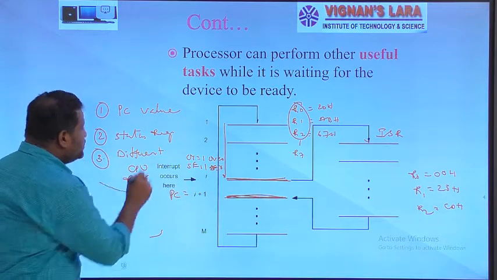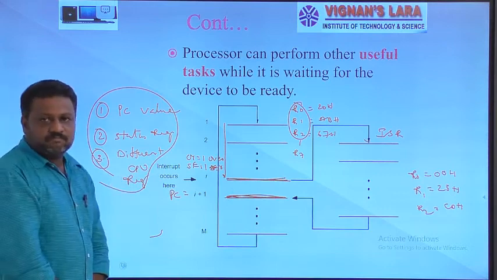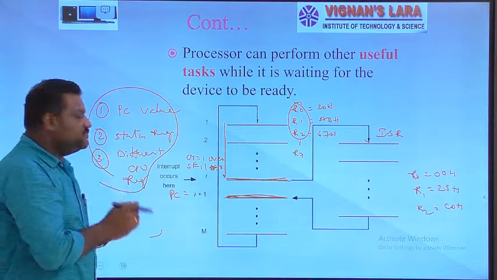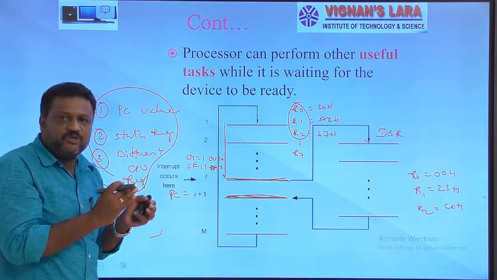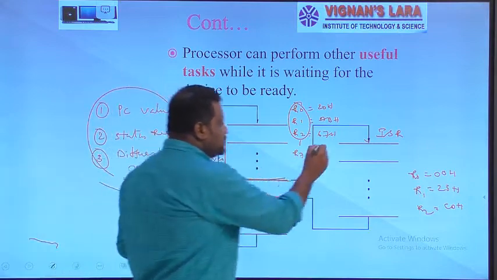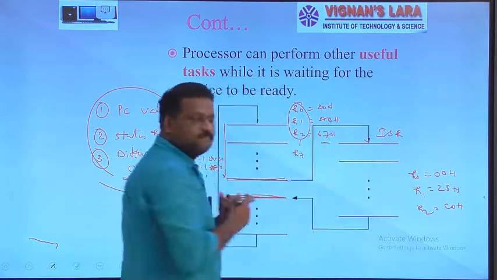After doing these 3 steps, that means after copying the PC value, after copying the status register value, and after copying some CPU register values in the stack, then we can calculate the starting address of this service routine.